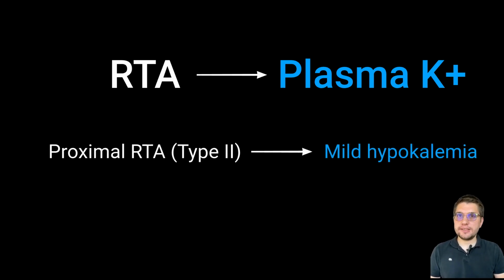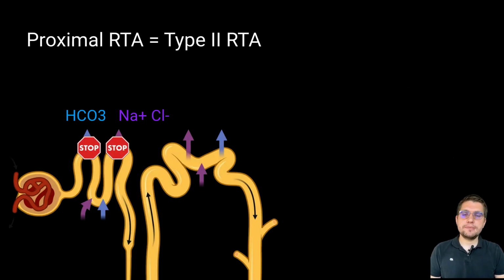In proximal RTA, patients typically experience mild hypokalemia or decrease in serum potassium. However, serum potassium may be normal in certain patients. Here's how this happens. The increased amount of bicarbonate and sodium that are not reabsorbed early on in the proximal tubule move down to the distal nephron.